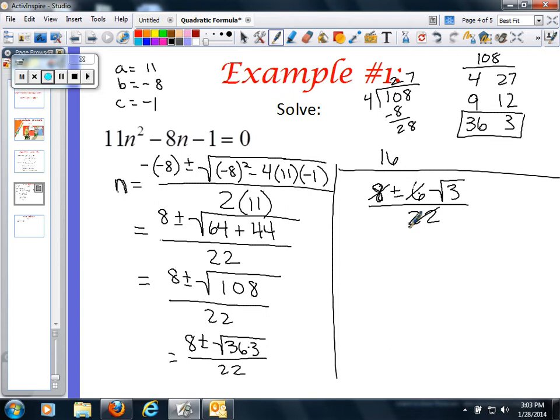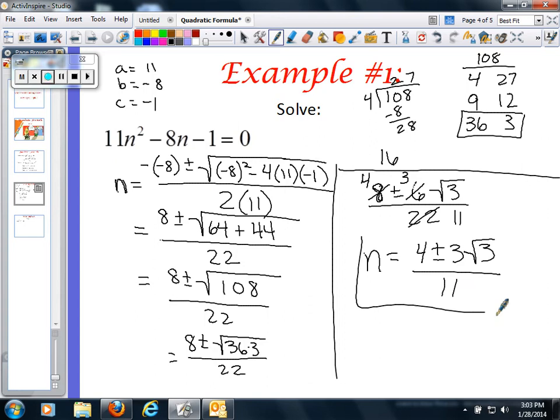If I factor out a 2, I'm going to be left with a 4 here, a 3 here, and an 11 here, which is going to give me x equals 4 plus or minus 3 square root of 3 over 11. Again, when you're doing this, you're just looking to pull out perfect squares.